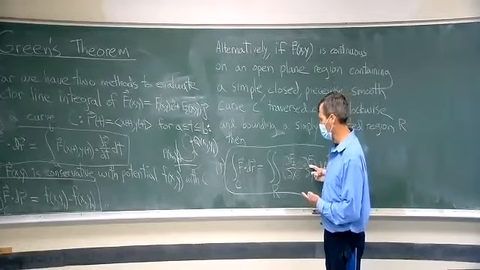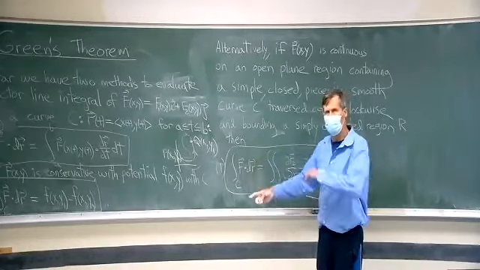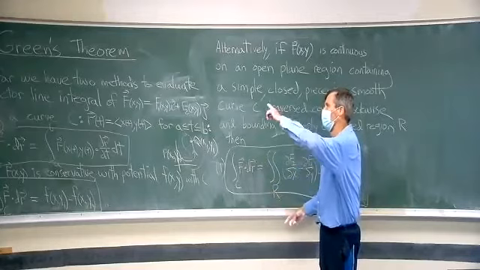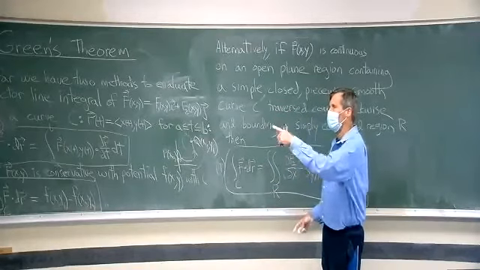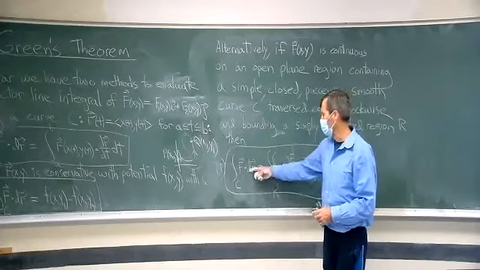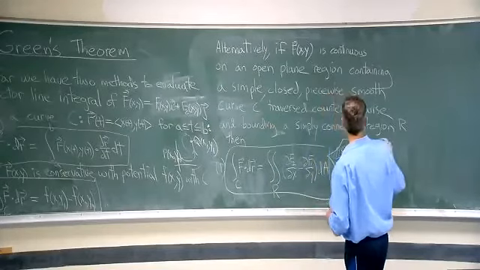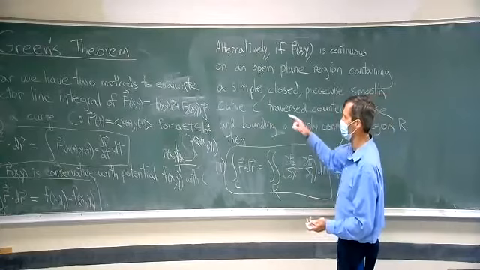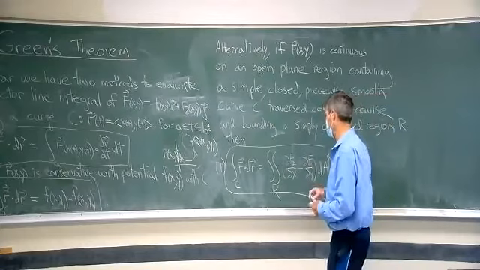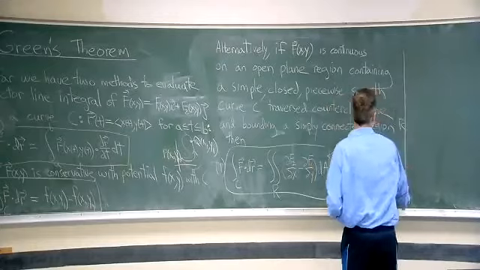You can evaluate the area of a plane region as a line integral. In other words, with certain line integrals, you can integrate along the boundary of a plane region to get its area enclosed. And that's an interesting result. You integrate along the boundary to find the enclosed area. But that's actually a consequence of Green's theorem.